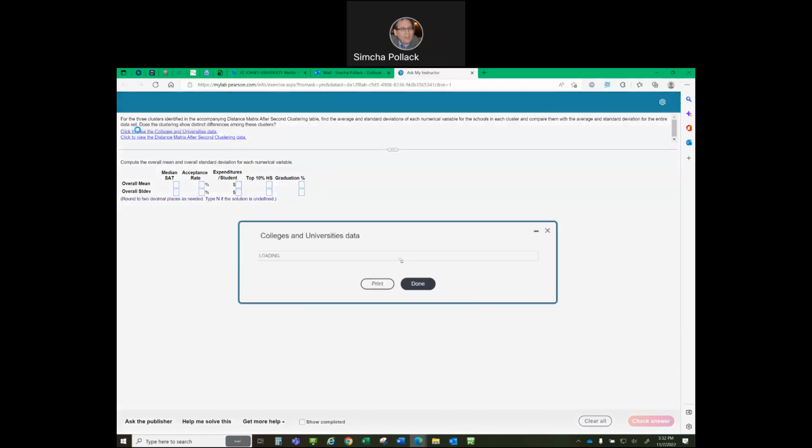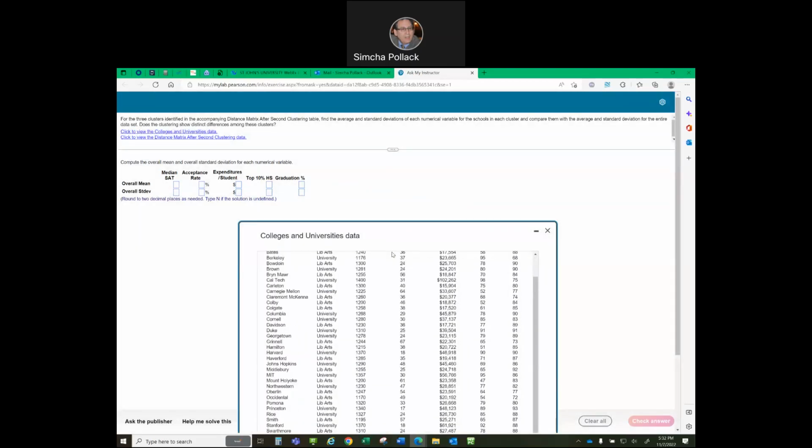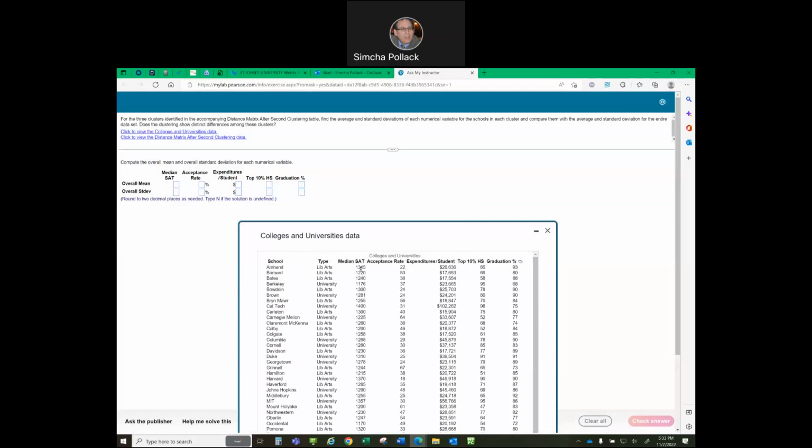So this is the data. We have data on, I don't know, 50 colleges, and it tells you some key characteristics such as the type of college, but the numerical data involves SATs, acceptance rates, expenditures, what percentage of the class is in the top 10% of the high school, and the graduation rate.